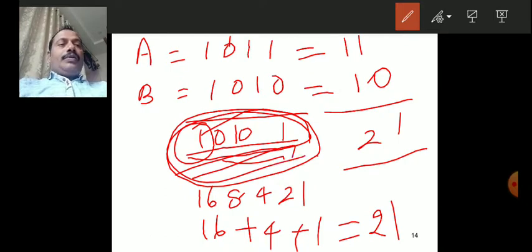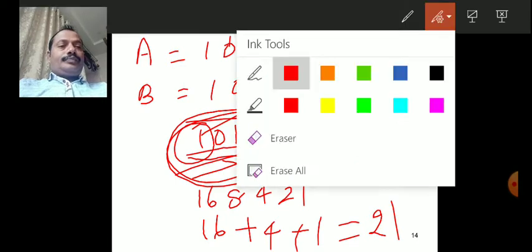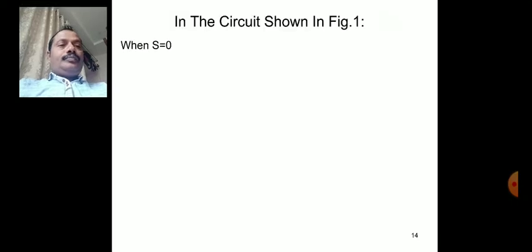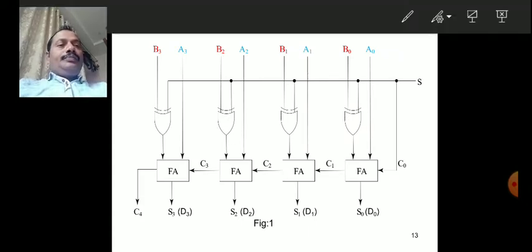You got the 21. Let us check by applying this to the circuit. When S equals 0, it is possible to add.